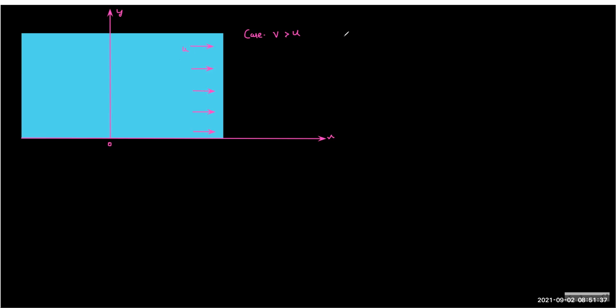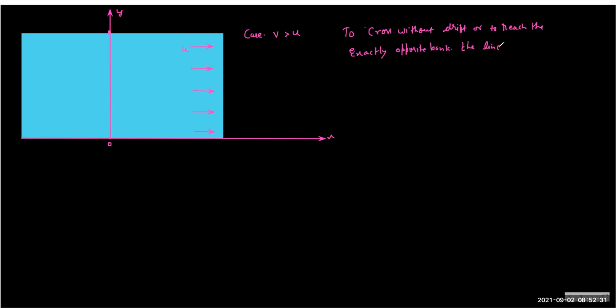Now, to cross without drift, or to reach the exactly opposite bank, from point O, if you want to land exactly here, then what should be your line of motion?